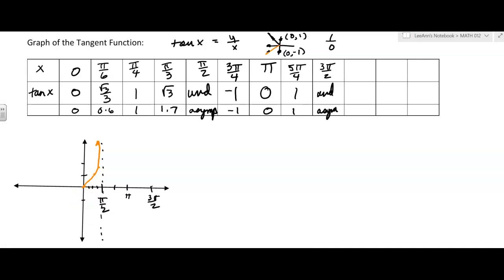So at 3 pi over 4, it's down here at negative 1. At pi, it was 0. And then at 5 pi over 4, which is going to be halfway in between here, that's going to be back up to positive 1. And then we're going to have a vertical asymptote at 3 pi over 2. So we're going to have another vertical asymptote here.